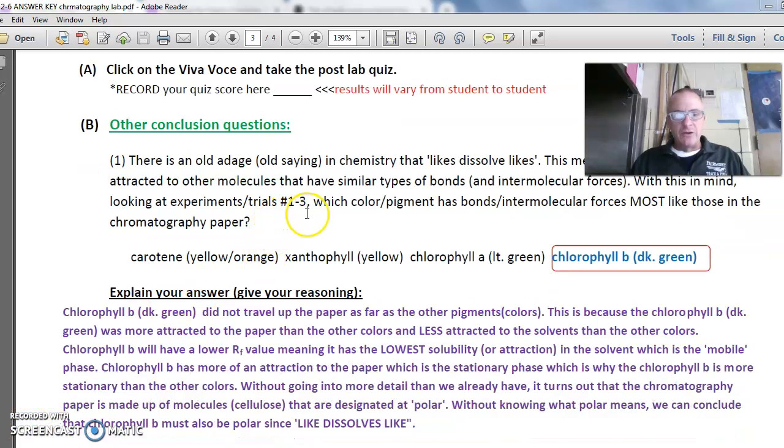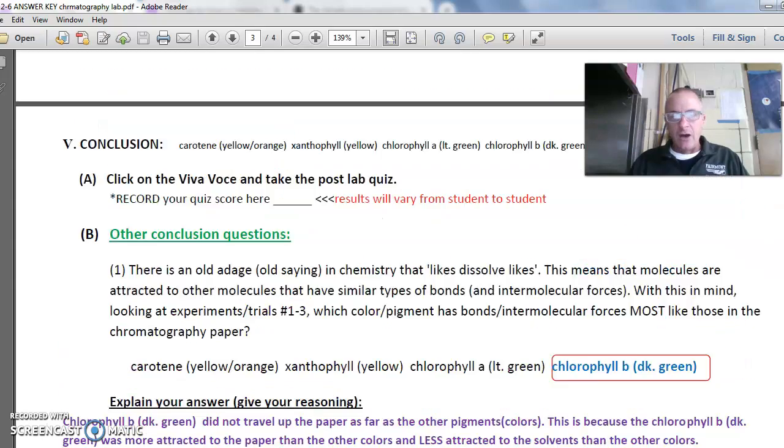Now our question here is asking which color or pigment has bonds, intermolecular forces, most like the paper. Likes dissolve likes. So they're really asking which one is most attracted to the paper, which of these colors. The answer is chlorophyll B, the dark green. How do we get that answer?